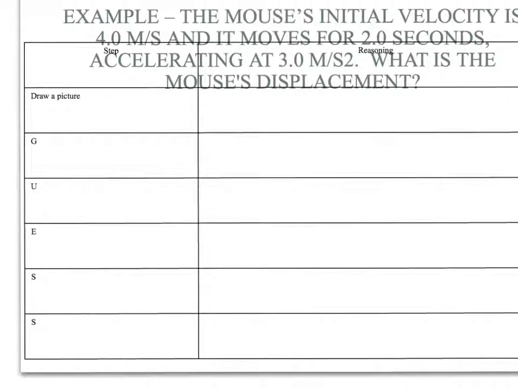So the first thing I'm going to do is circle the question. What is the mouse's displacement? In another color, I'm going to underline the important information that's going to help me determine that. So, 3 meters per second squared, 2 seconds, and 4 meters per second are all going to be our important information.